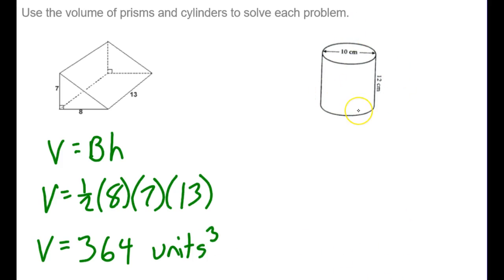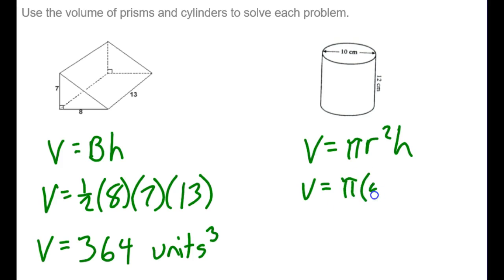Now looking on the right, you need to find the volume for this cylinder. The formula for the volume of a cylinder is volume is equal to pi times the radius squared times h. So we need two pieces of information, the radius and the height. Right now we have the diameter and the height. If the diameter is 10, take half of that. That means the radius is going to be 5. So we have 5 for the radius.